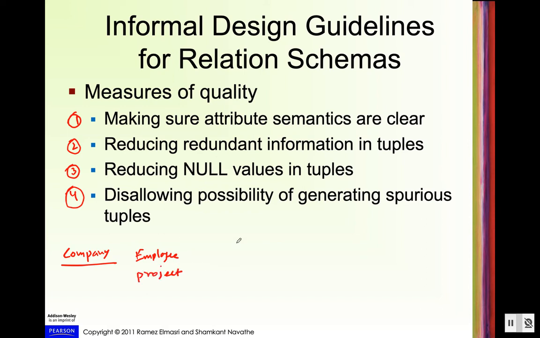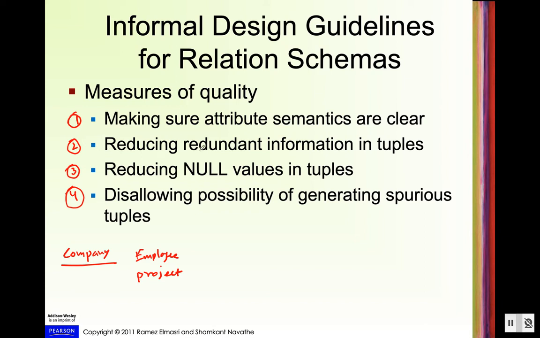Based on the company database requirement, we want to keep track of each employee, each project, and which employee works on which project. Looking at the relational schema, it should be clear what the real semantics are, meaning the attribute semantics should be clear.